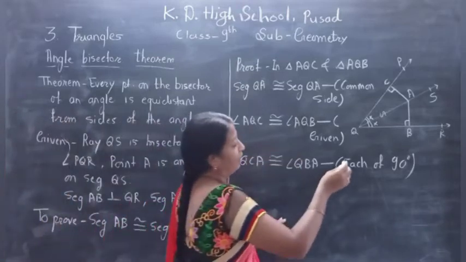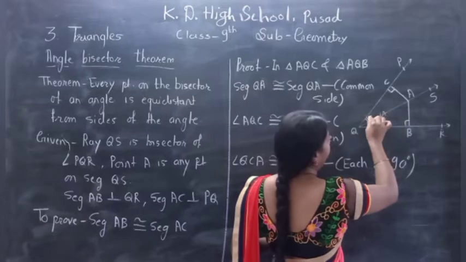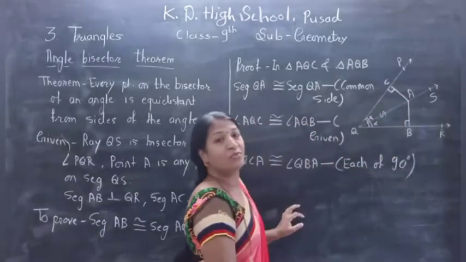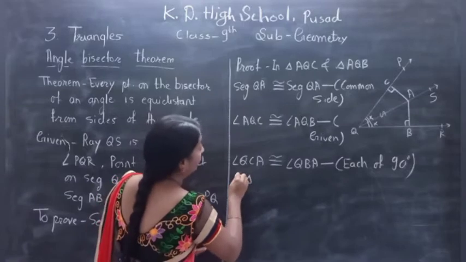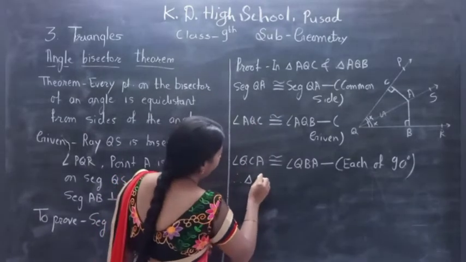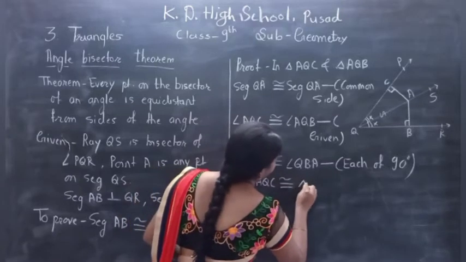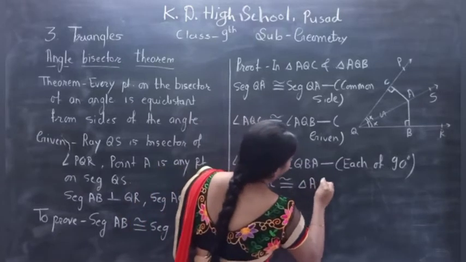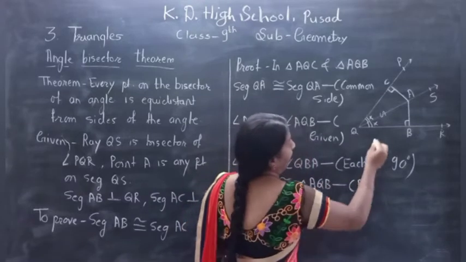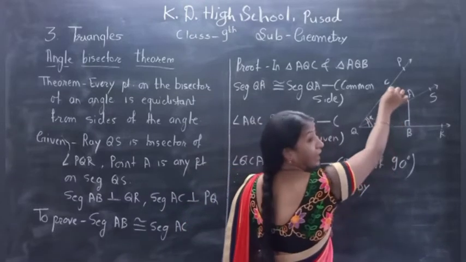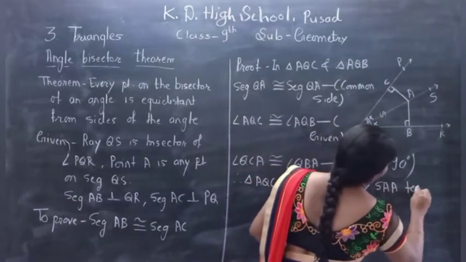Now here we observe three statements. By SAA test, these two triangles are congruent. Therefore, triangle AQC congruent to triangle AQB by SAA test of congruence.